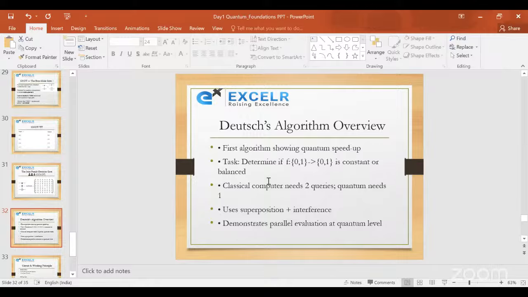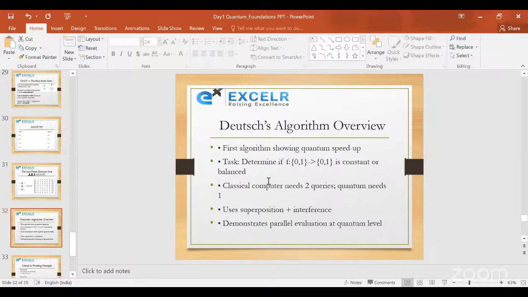So now everybody knows that Deutsch introduced the very first algorithm in quantum. The application of this algorithm is not so much, but it is only to prove quantum supremacy over classical supremacy.